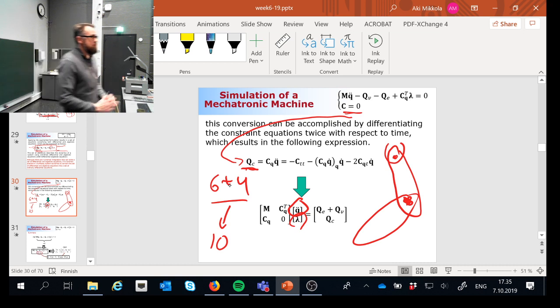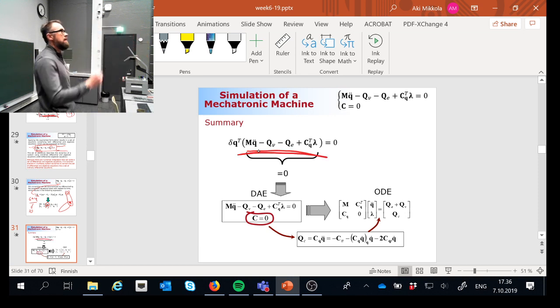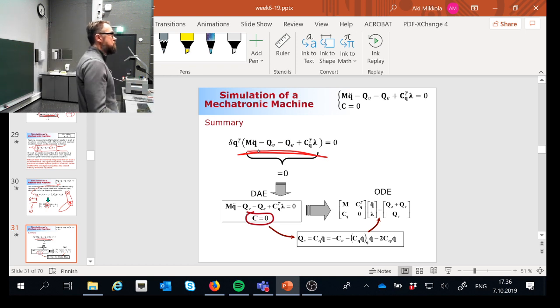Okay. So are we ready to practice? Let's look at the summary. So that's where we started. We introduced the constraints to this equation of motion with the help of Lagrange multipliers and the Jacobian matrix.